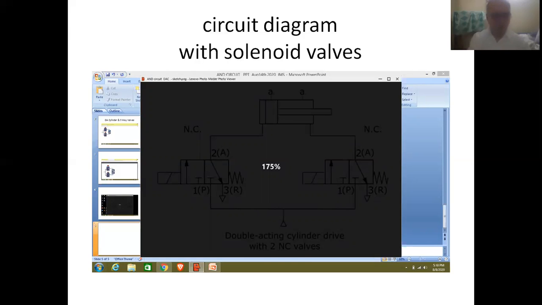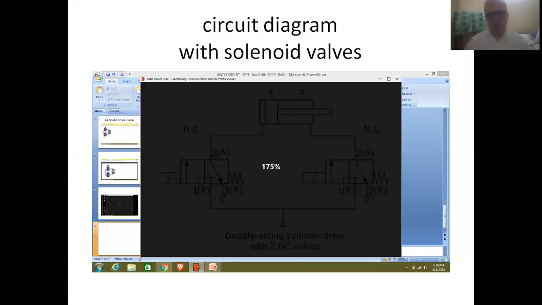This is the first solenoid valve, placed in this position, that is used for performing the forward stroke of the piston. And this is the second solenoid valve, placed in this position for performing the return stroke of the piston.